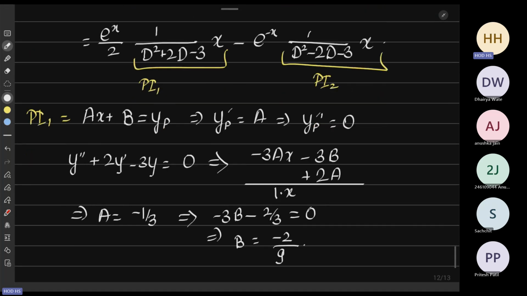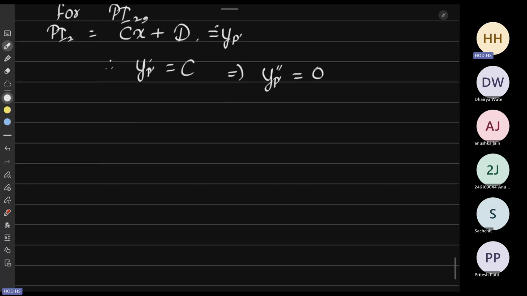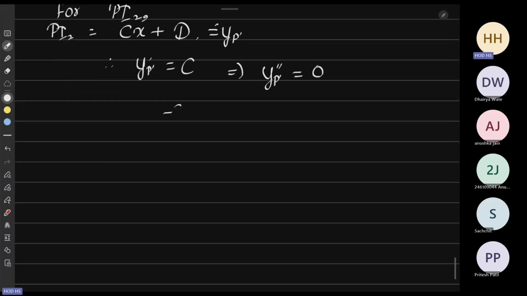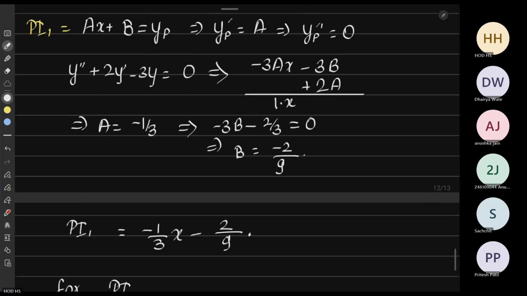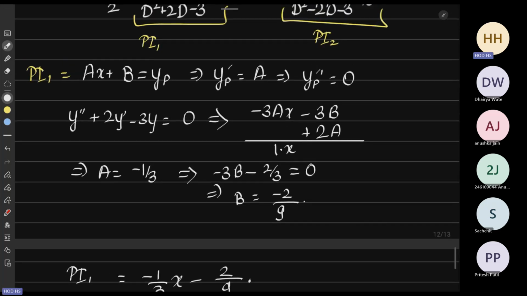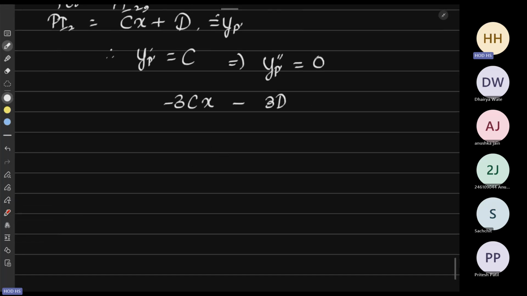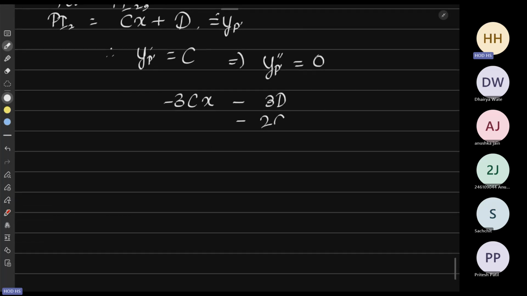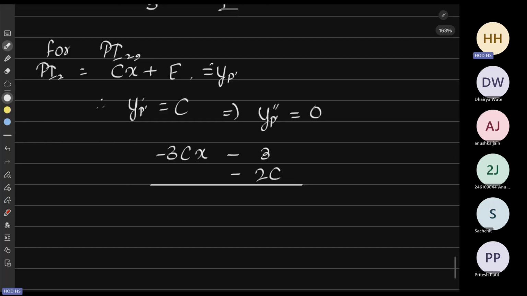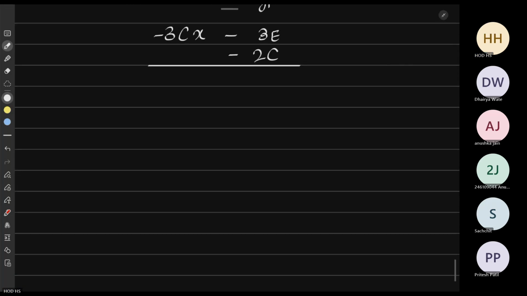So minus 3cx minus 3d and then minus 2d, so minus 2c. Note that this d and this d is different. I should use different notation. So let's use e, and this should be x again.